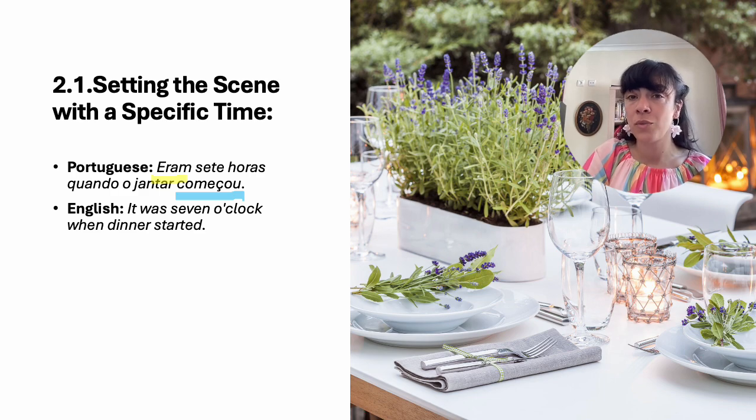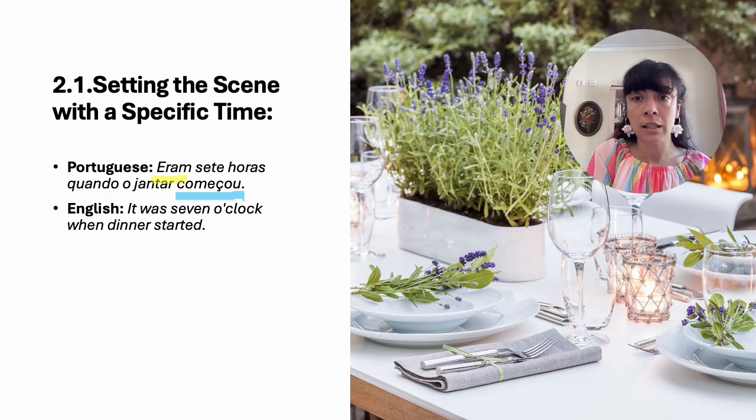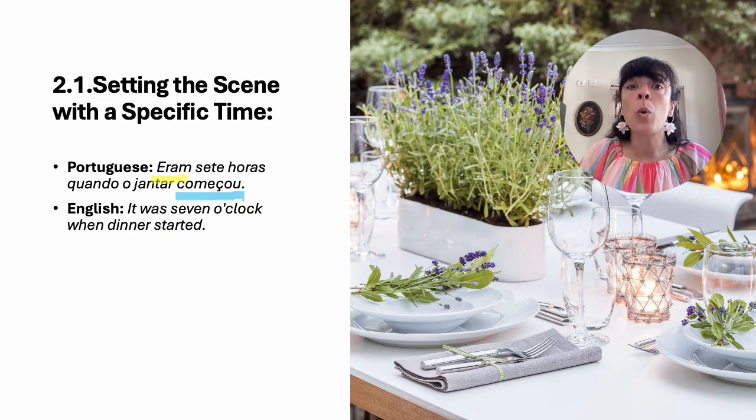tense. So, going a little bit more in detail, this contrast makes sense because in storytelling or recounting past events, it's quite common to use the imperfect to set the scene and then switch to the PPS to highlight the key actions or events.